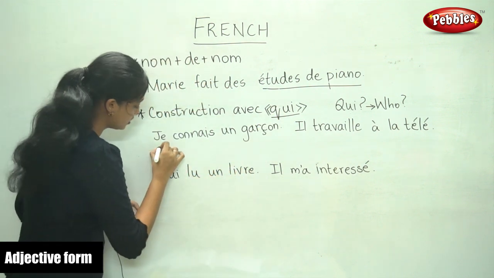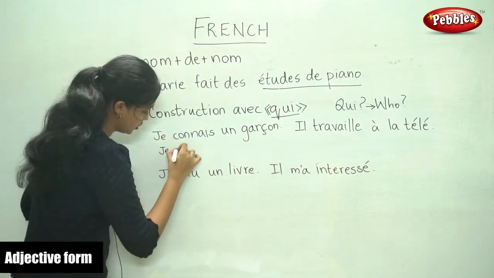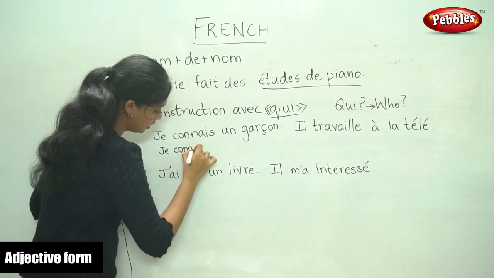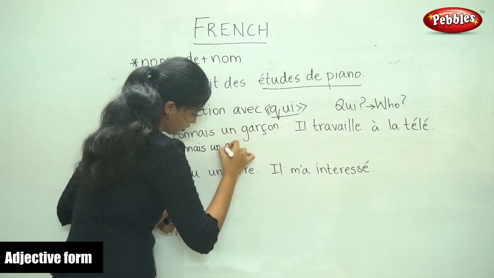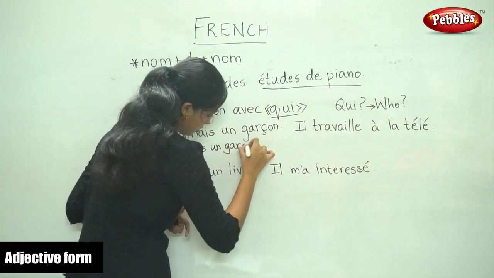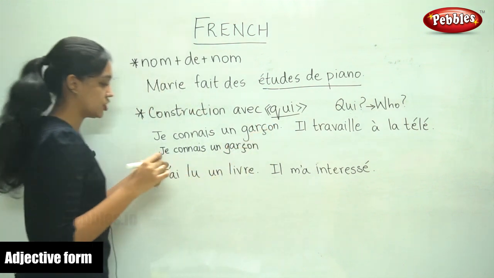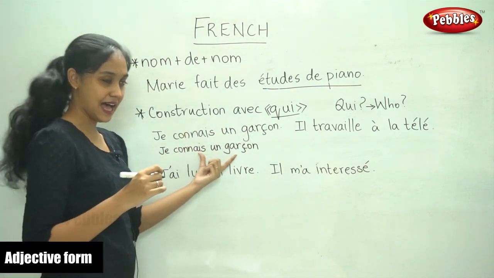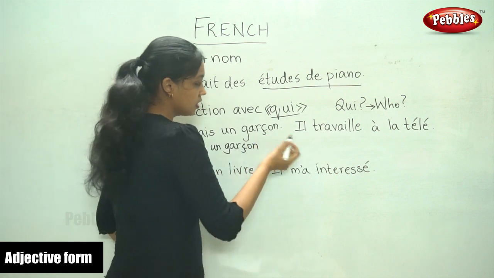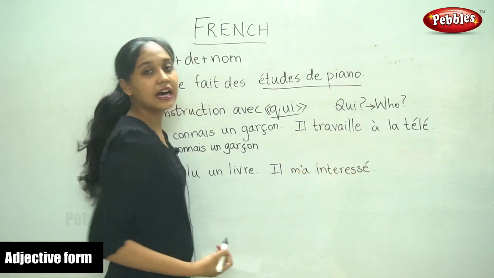So je connais un garçon. The first part of the sentence is as it is. Il travaille à la télé.